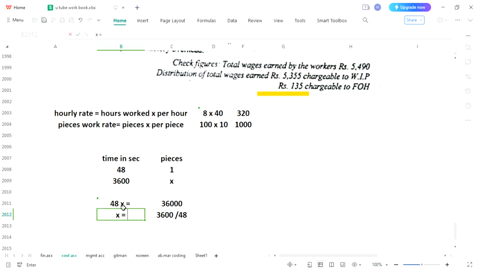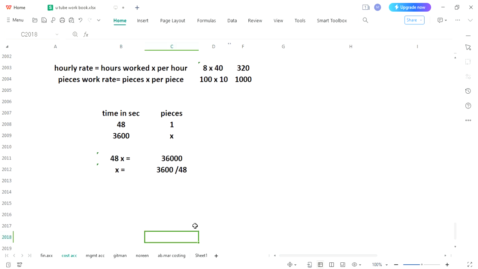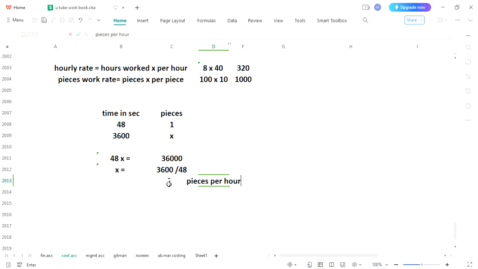Let's take the next step. Since the statement is completed, we can write 3600 divided by 48. What we have got are the pieces we have calculated per hour.